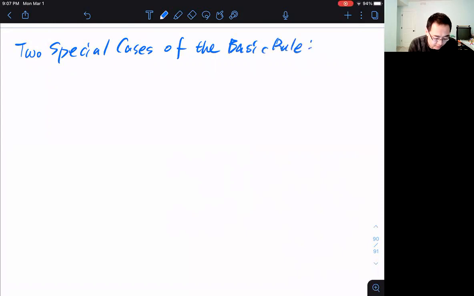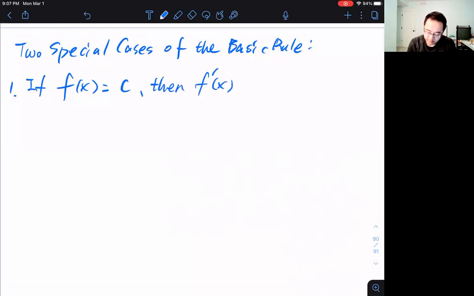So first of all, if f of x equals c, which is a constant, okay, then the derivative is 0. The derivative for any constant is 0 because, remember, the derivative is the rate of change at that point. But if the function is a constant, then the rate of change is 0. It's not changing, right? So hopefully that's easy to understand.